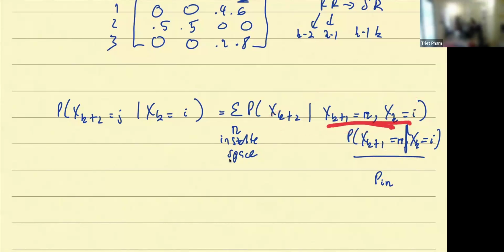Notice this is a two-step dependence, but by Markov, I can cross away the not-recent one. And from here to here gives me P_{nj}.